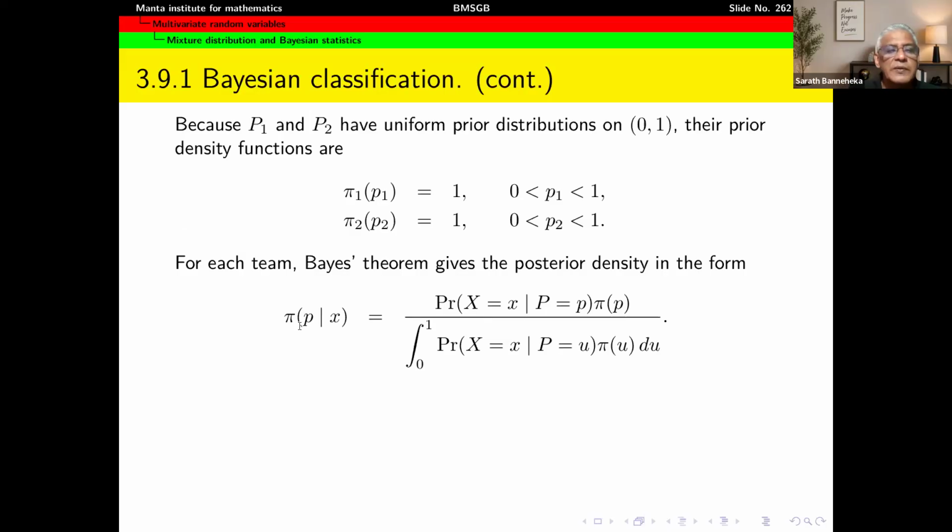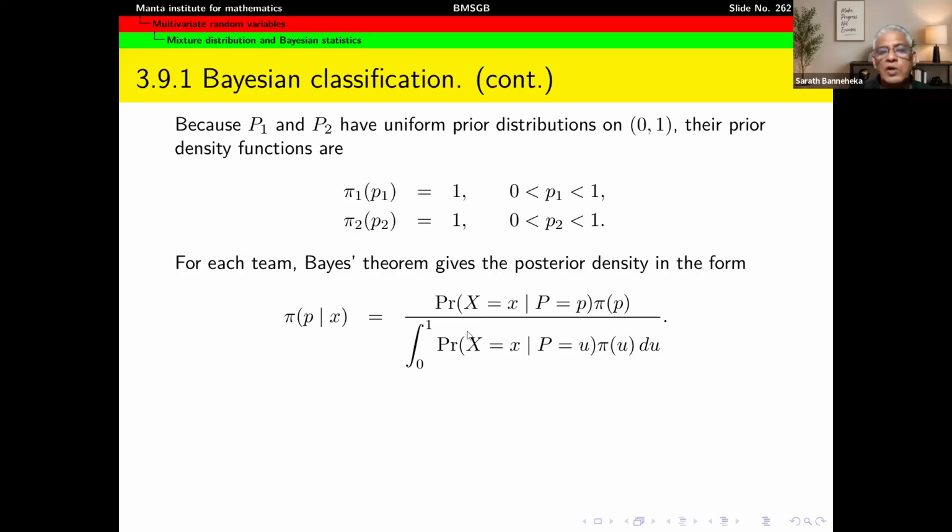So pi here denotes the posterior conditional distribution, the conditional distribution of P given X. In order to be correct here, in the usual notation, there has to be some subscript, capital P given capital X, for example. But to make it simple, we have ignored that part. So this means the conditional distribution of capital P evaluated at simple p when capital X is equal to simple x. So that's what this means.